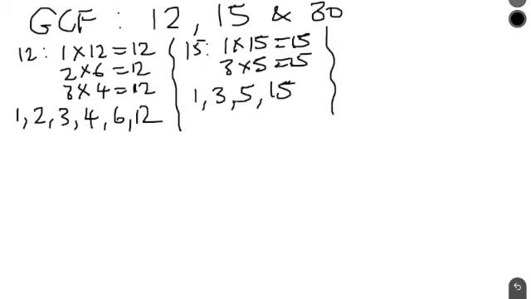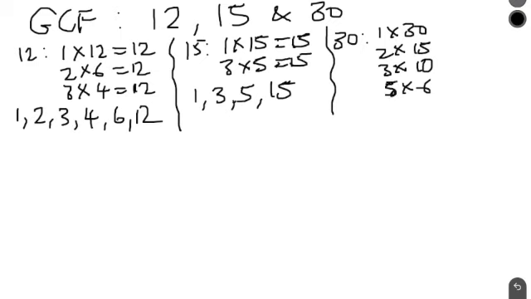And then finally, factors of 30. You get 1 times 30, 2 times 15, 3 times 10, and then 5 times 6. So you'll see that knowing your times tables here is very essential, very important.